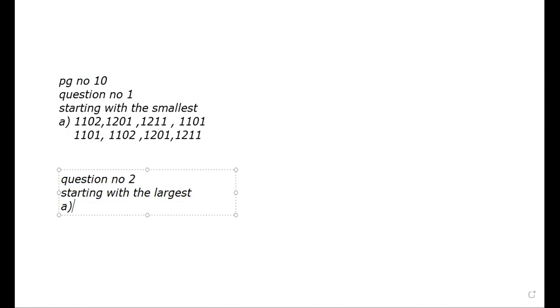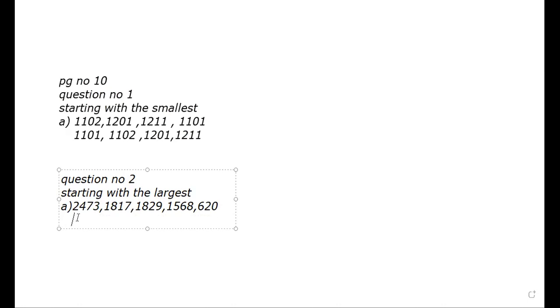The first one is 2473. The next one is 1817. The next one is 1829. And the next one is 1568. The next one is 620. So in this part, you have to write them in order, but starting with the largest one.